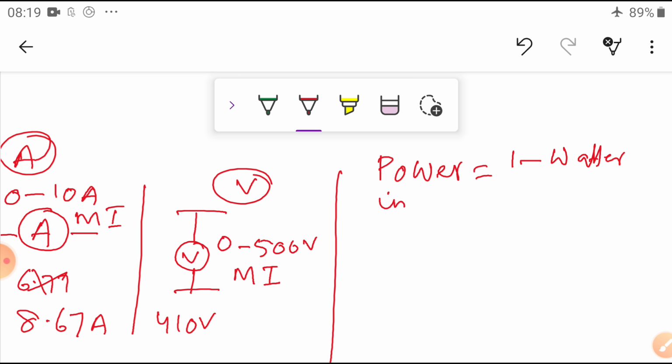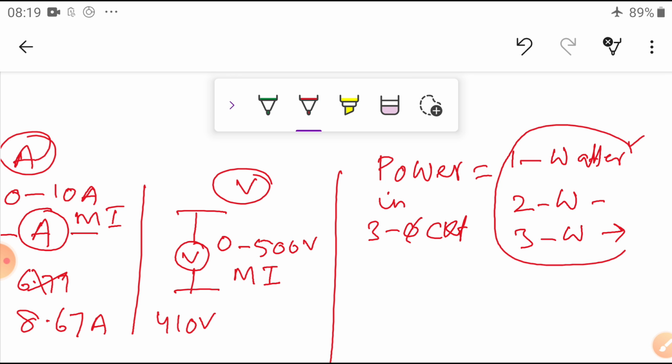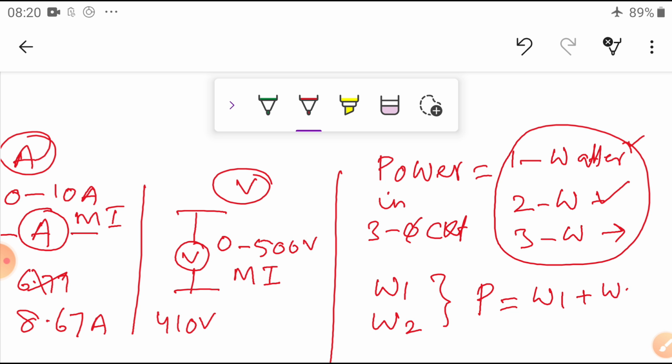Power in a three-phase circuit can be found by the single wattmeter method for the balanced condition, the 2 wattmeter method for balanced and unbalanced conditions, and the 3 wattmeter method in unbalanced condition. Among these, I prefer the 2 wattmeter method in our experiment. In the 2 wattmeter method, one wattmeter is W1, another wattmeter is W2, and the total input power is W1 plus W2.